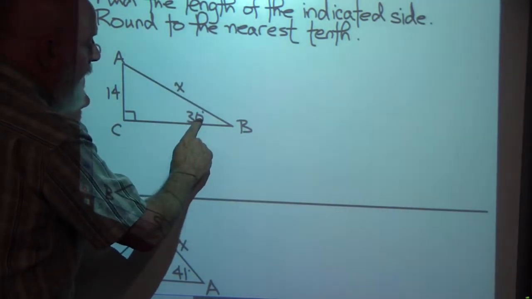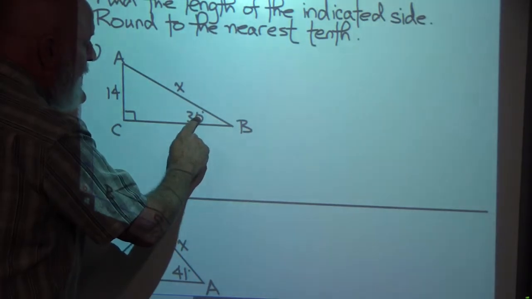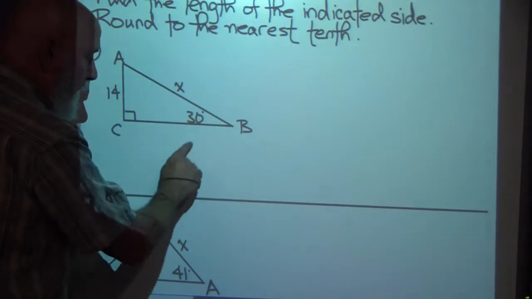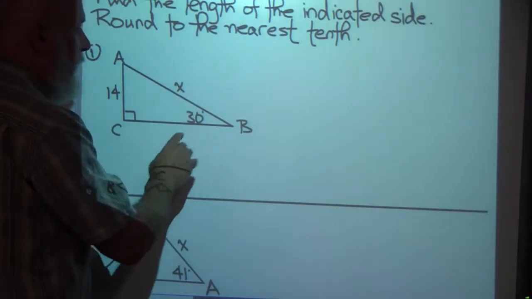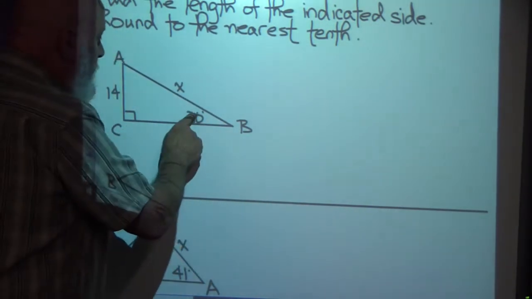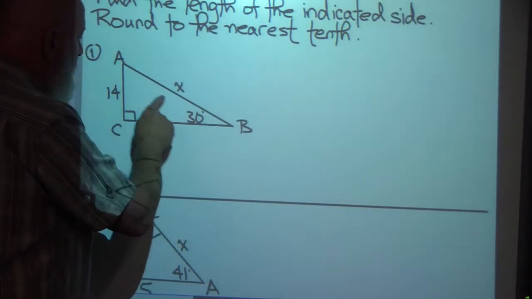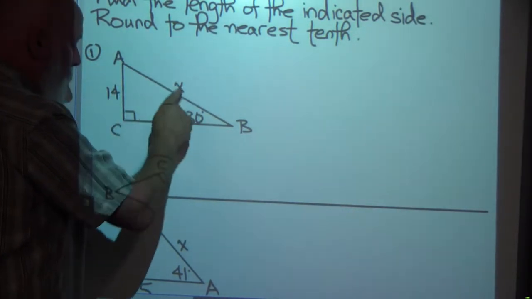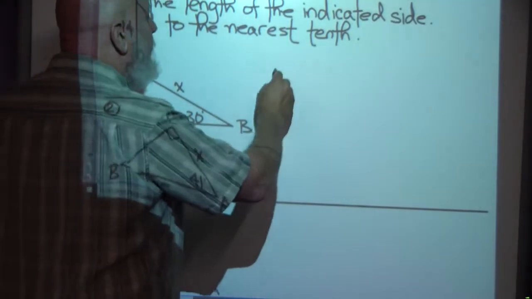If I want cosine, the cosine of 30 degrees would be adjacent, which I don't know the length of, over hypotenuse, and that would give me two unknowns, and I don't want that. I just want one unknown. So I'm going to try the sine of 30 degrees is equal to 14 over x and see what that looks like.